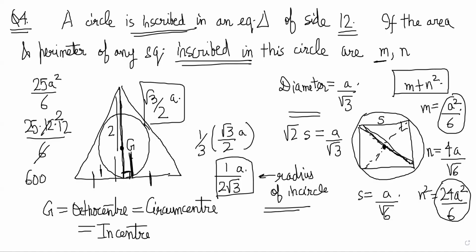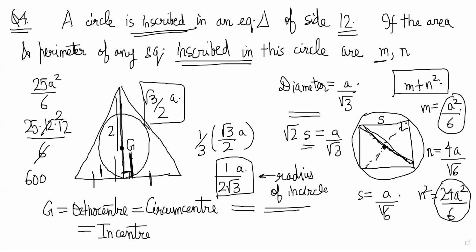50 into 12, right? I feel like I have made a mistake somewhere. The radius is correct. A by 2 root 3 is correct. So the square side has length, root 2 s is equal to a by root 3.